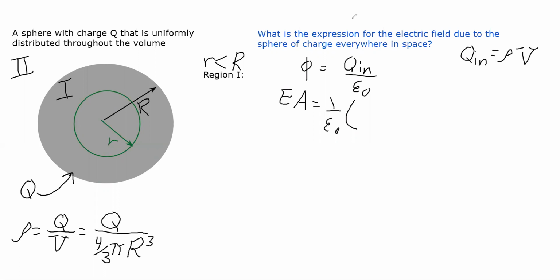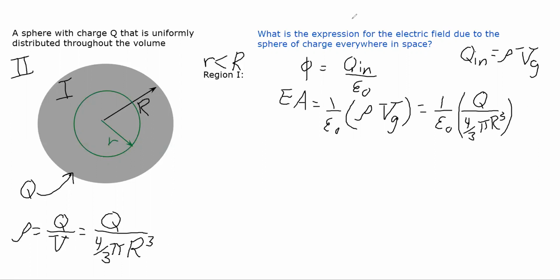Well, I would use my Gaussian volume. So I'll put rho Vg, which is equal to, let me plug in for charge density. Charge density is Q over 4/3 pi R cubed.